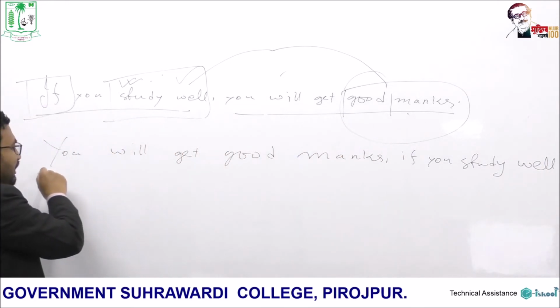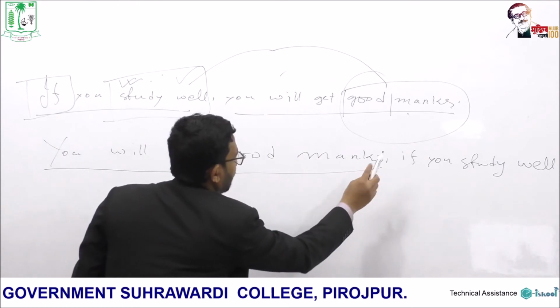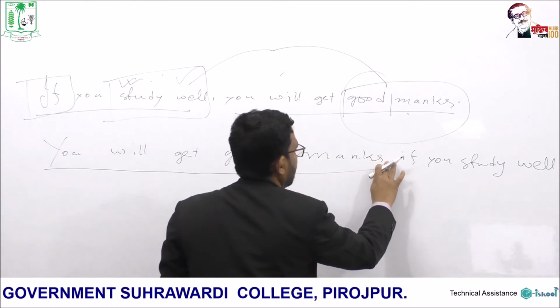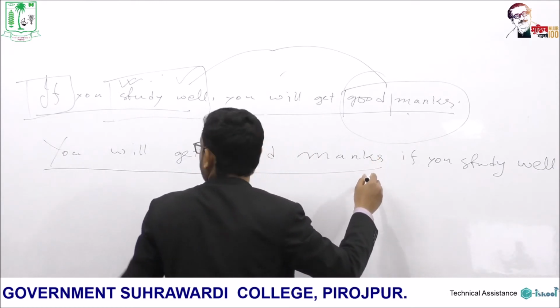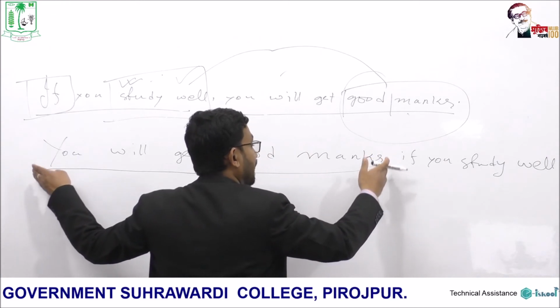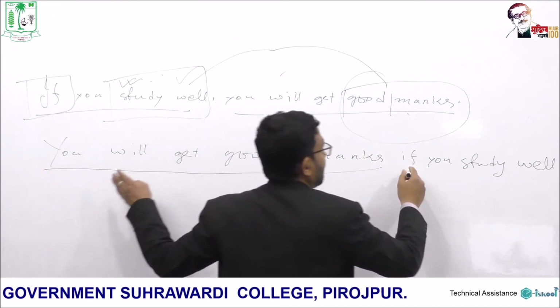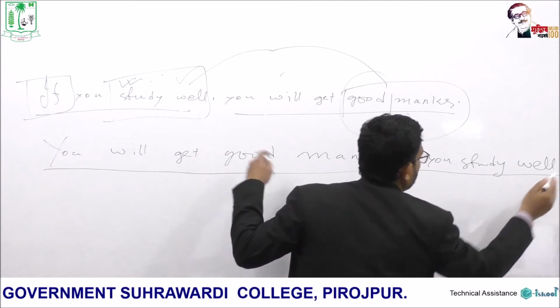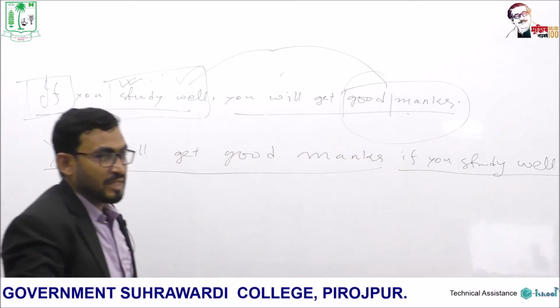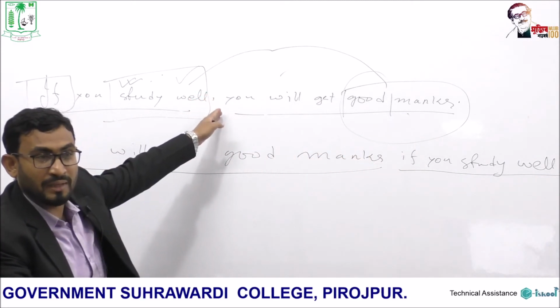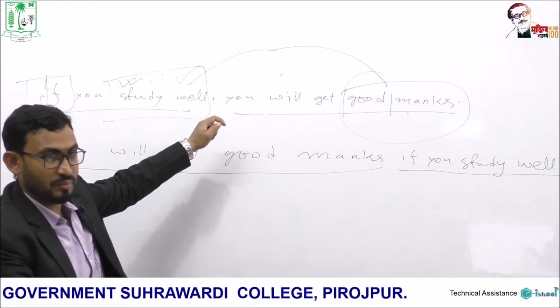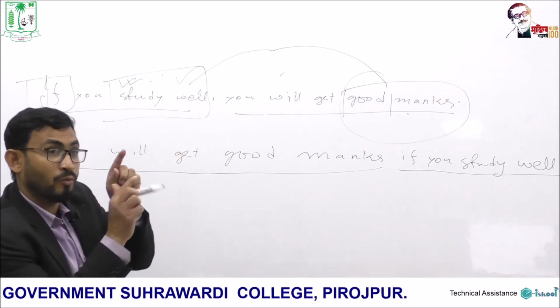Here the principal clause has been written at the beginning of the sentence, and the subordinate clause has been written at the end. So there is no problem regarding their meanings, but there is one difference.